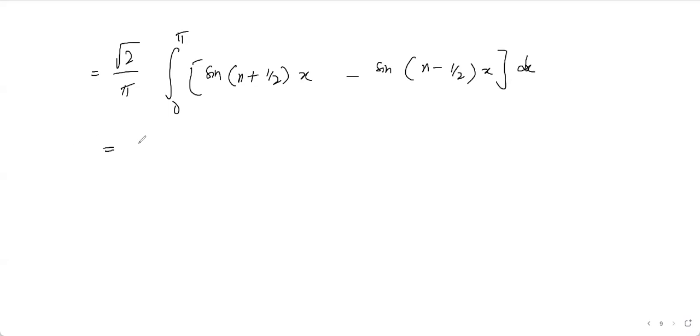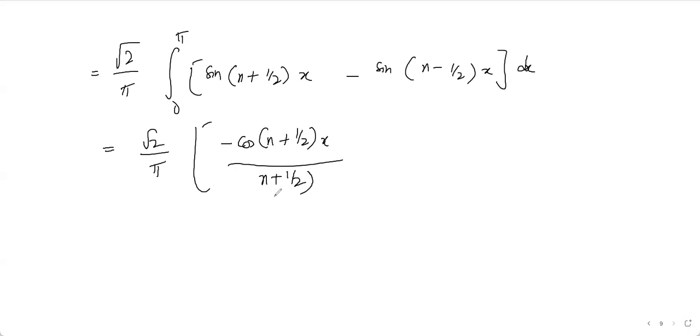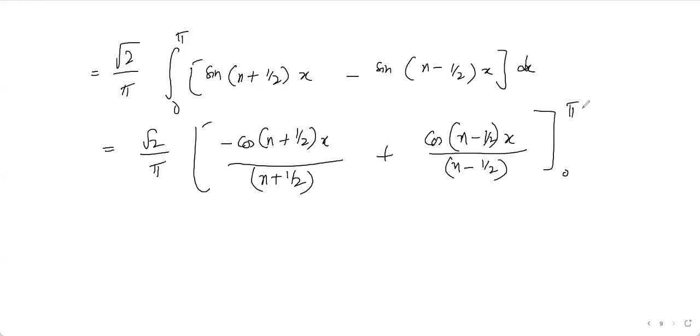So this is root 2 by pi times minus cos of (n plus 1 by 2) x divided by (n plus 1 by 2), integration of sine x, and this is plus cos of (n minus 1 by 2) x divided by (n minus 1 by 2), over the interval 0 to pi.